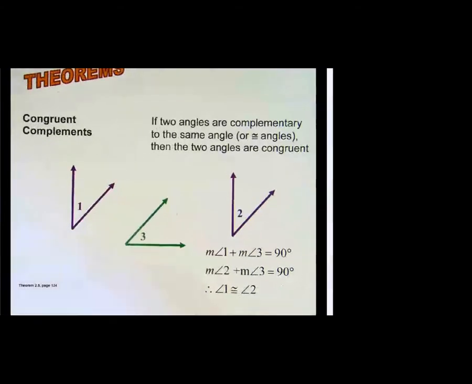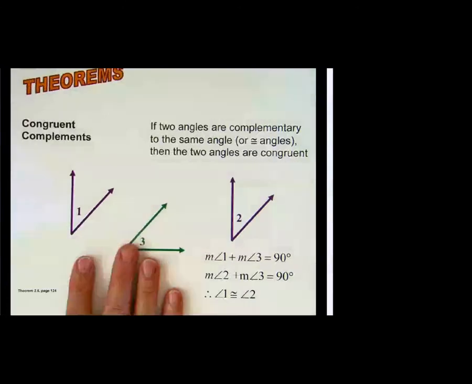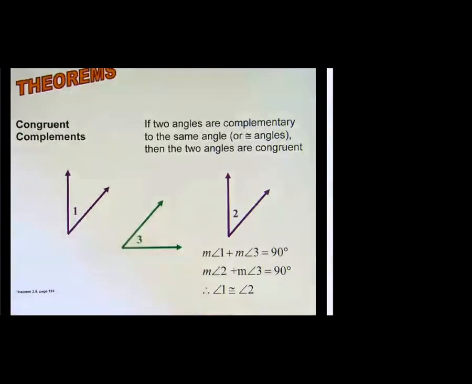So we also have, if two angles are complementary to the same angle or to congruent angles, then the two angles are congruent.